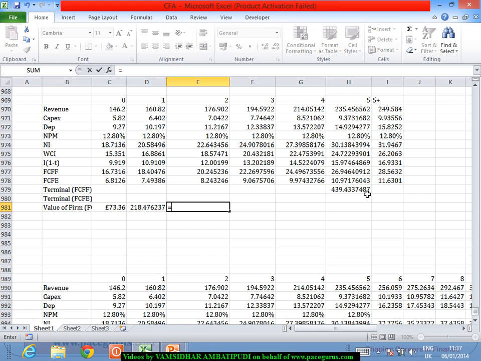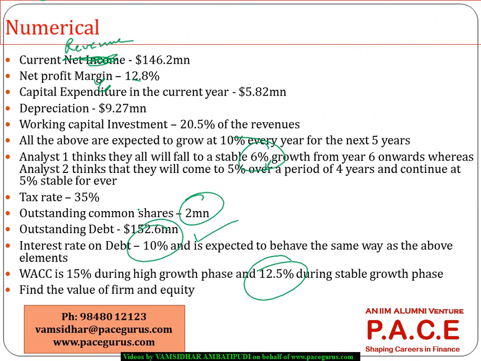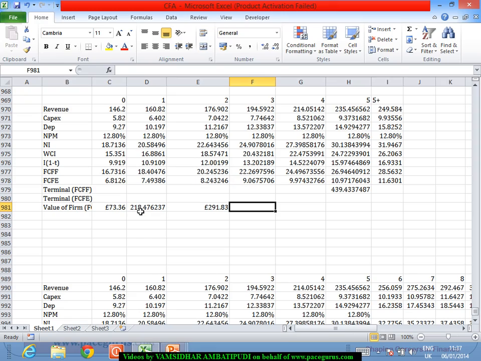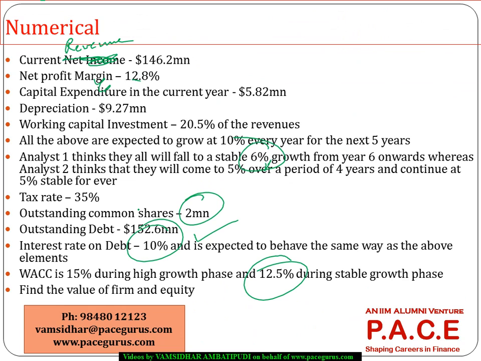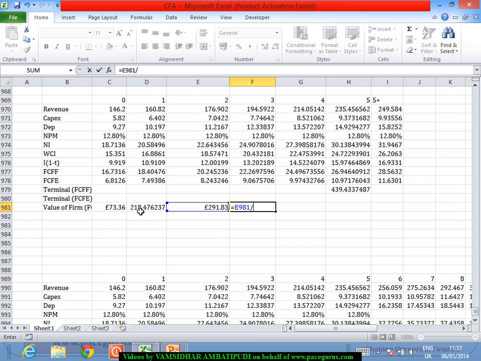So overall the value of the firm as per this is the summation of these two, resulting in 291.83, and that is in million. So probably if I divide it by 2 million shares that are outstanding, according to me, okay, here 291.53 is the value of the firm.